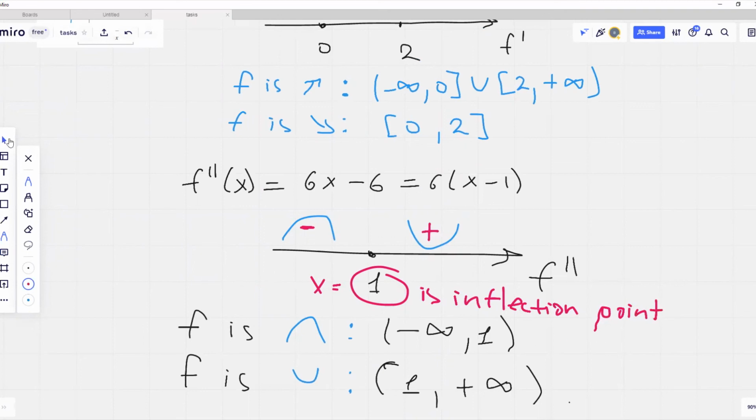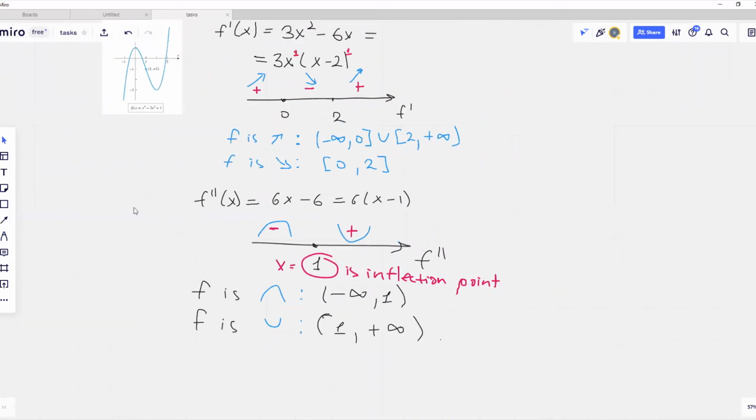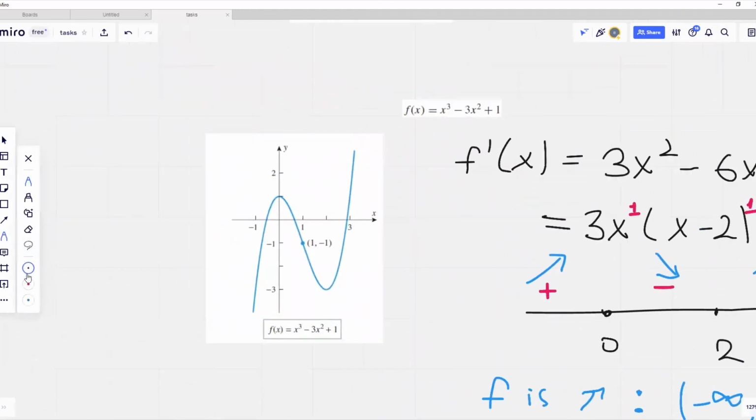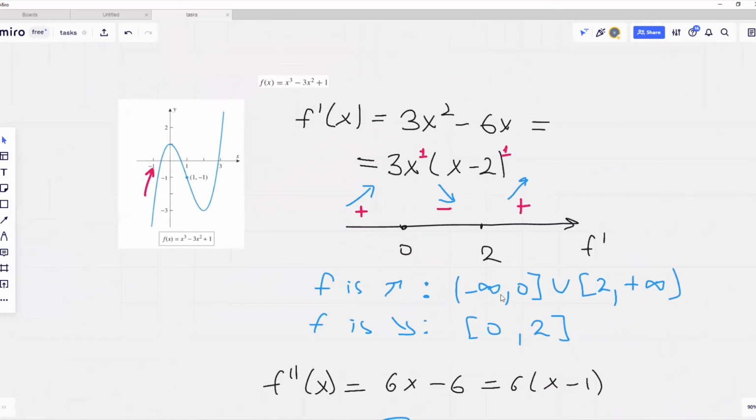Now let's take a look at our graph and confirm our findings. We can see from our graph that our function is increasing on the interval from minus infinity to 0. Let's check whether that is true. That is correct.